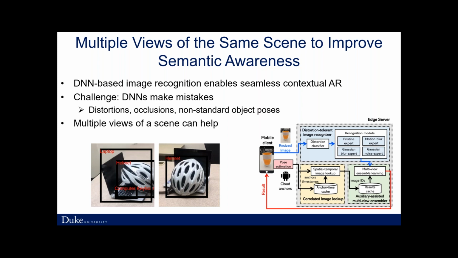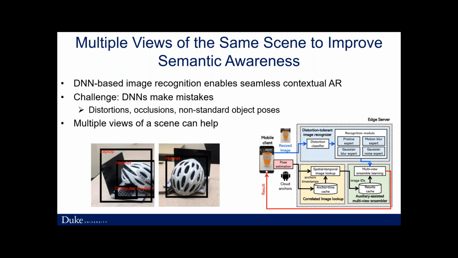We use the edge server to identify when images are corresponding to different captures of the very same scene, to identify images that are spatially correlated. We also use the edge server to identify whether any of the images are corrupted by distortions. And we use the edge server to combine different inference results in the best possible way.